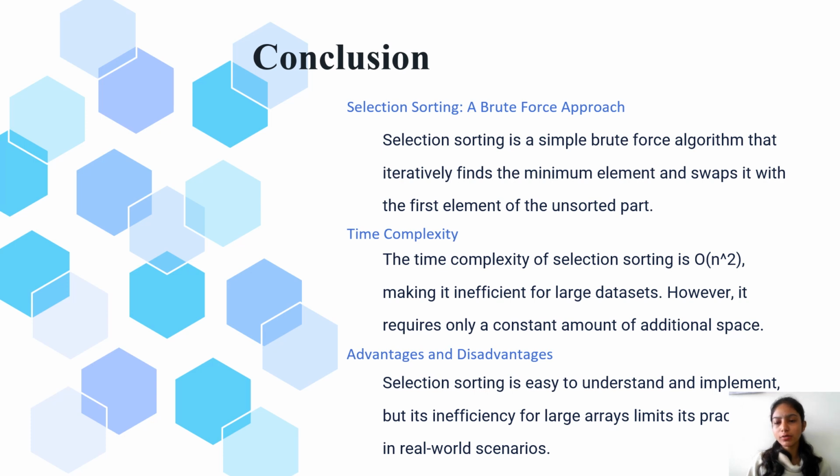However, it requires only a constant amount of additional space. Selection sorting is easy to understand and implement, but its inefficiency for large arrays limits its practical use in real-world scenarios.